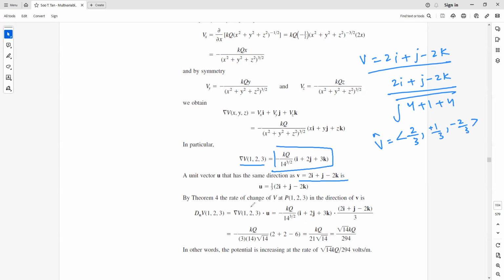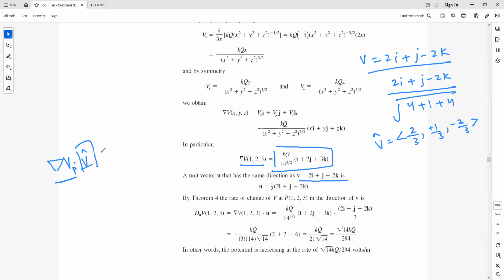Now we have the unit vector, we have the gradient at the point. So we just need to find the dot product of this gradient at this point and the unit vector, because we are finding the directional derivative, that is the gradient in the direction of this vector, right?